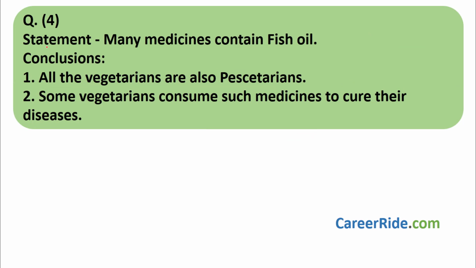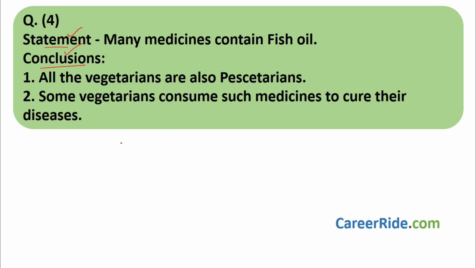Question number 4. Statement: many medicines contain fish oil. Conclusions: 1. All the vegetarians are also pescatarians. 2. Some vegetarians consume such medicines to cure their diseases. Now over here is a very important concept that will explain what we are talking about in the 3 examples we saw right now, and also what exactly we mean by statement and conclusion.